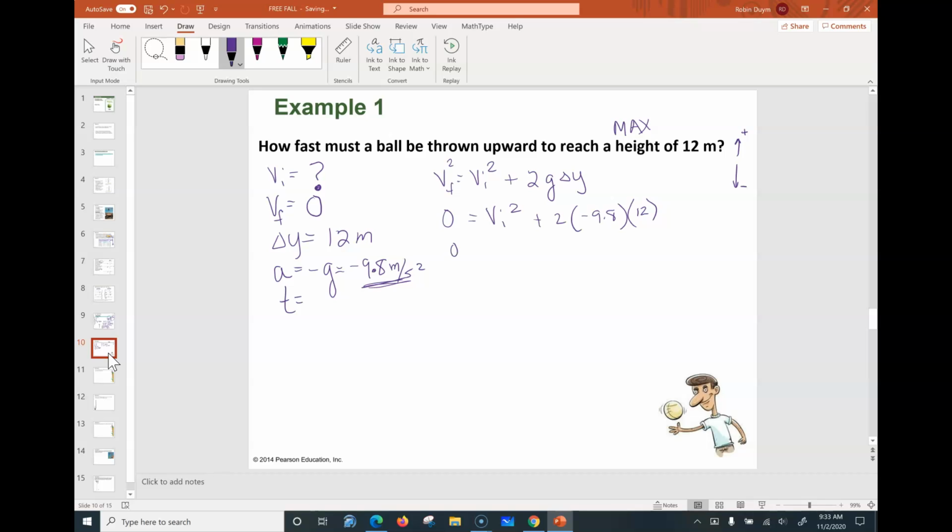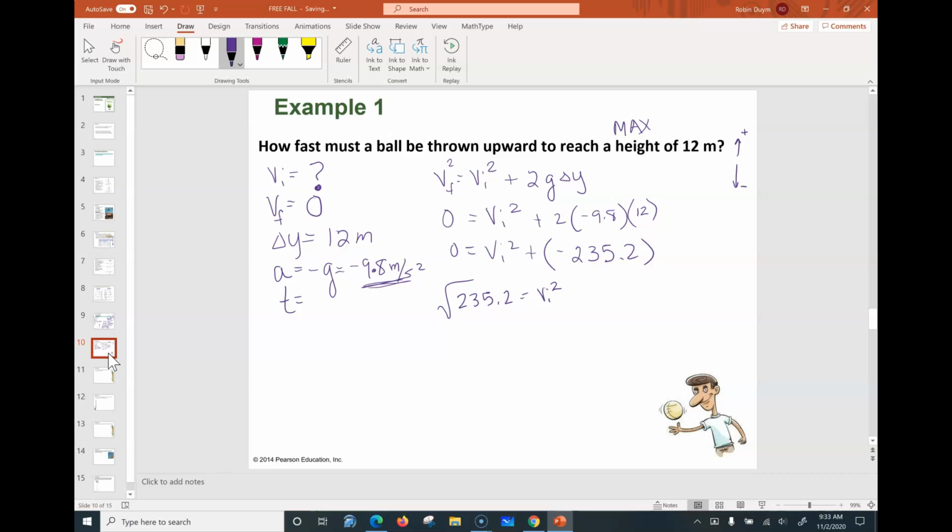So if we do this math, and then we bring that over to the other side, we get 235.2 equals initial velocity squared.